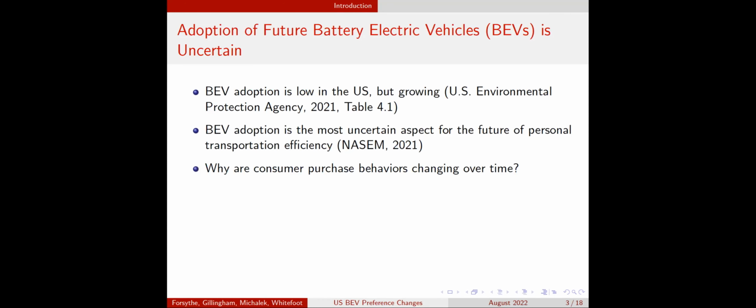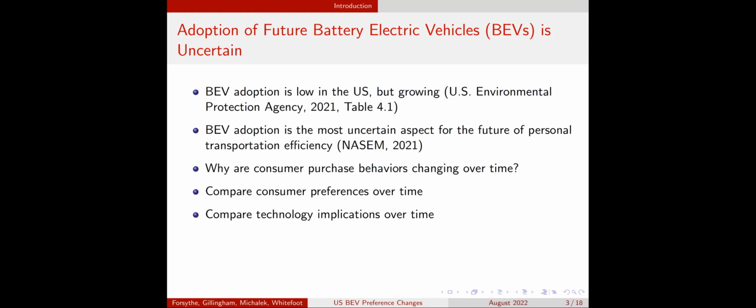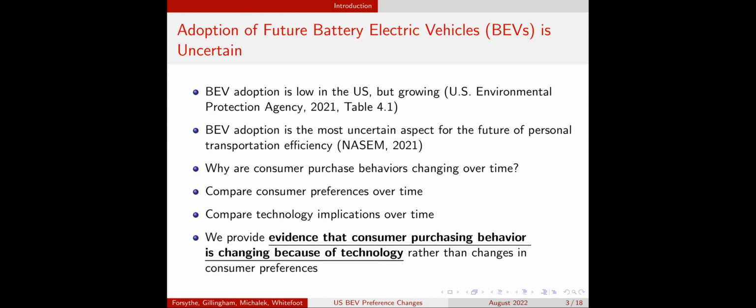And so we're curious about why consumer purchase behaviors have been changing over time. We're going to compare consumer preferences over time for battery electric vehicles, and we're going to compare the technology implications over time as they've changed. And what we do is we provide evidence that consumer purchasing behavior is changing because of technology rather than changes in consumer preferences over time.